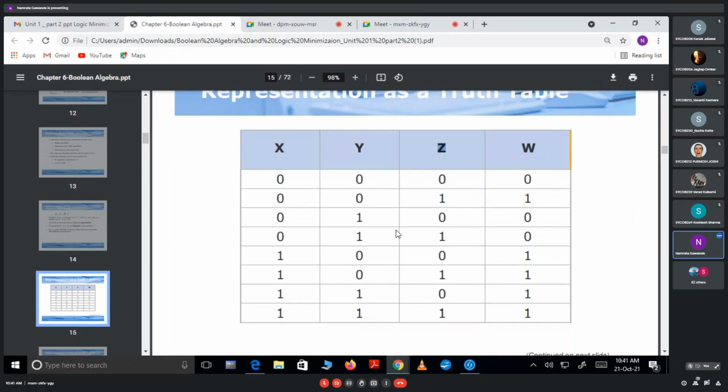Can you tell me how many possible combinations there will be?